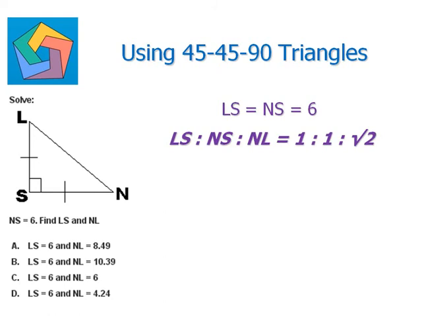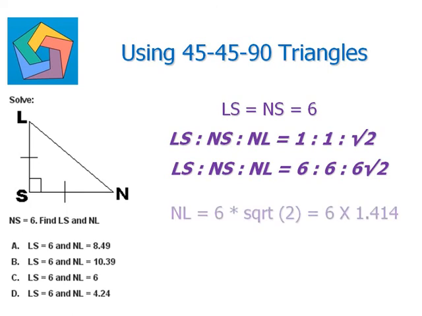By our ratio that we had seen earlier, we can see that LS is to NS is to NL equals 1 is to 1 is to square root of 2. So considering the constant of proportionality, we have LS is to NS is to NL equals 6 is to 6 multiplied by square root of 2.